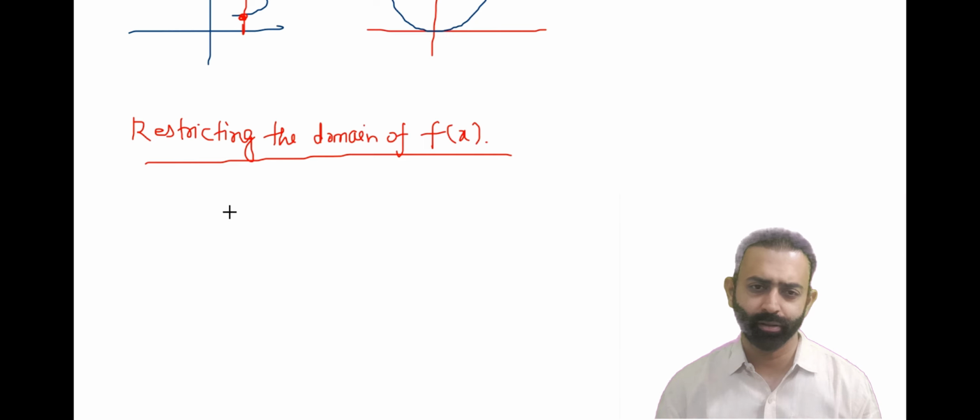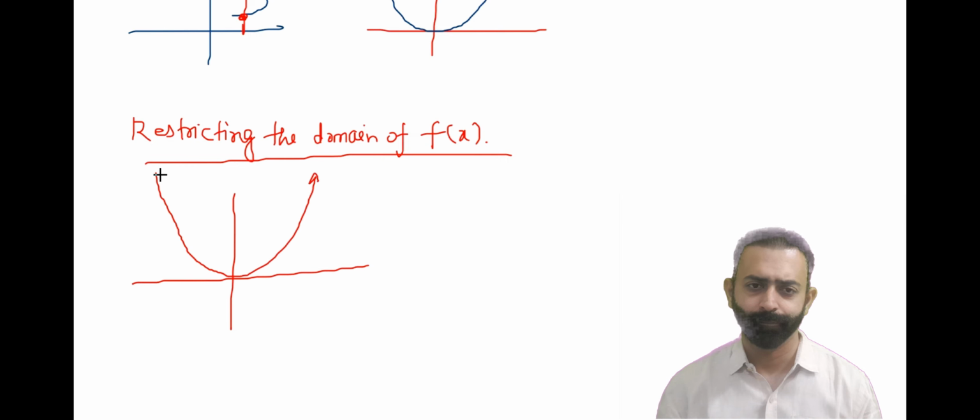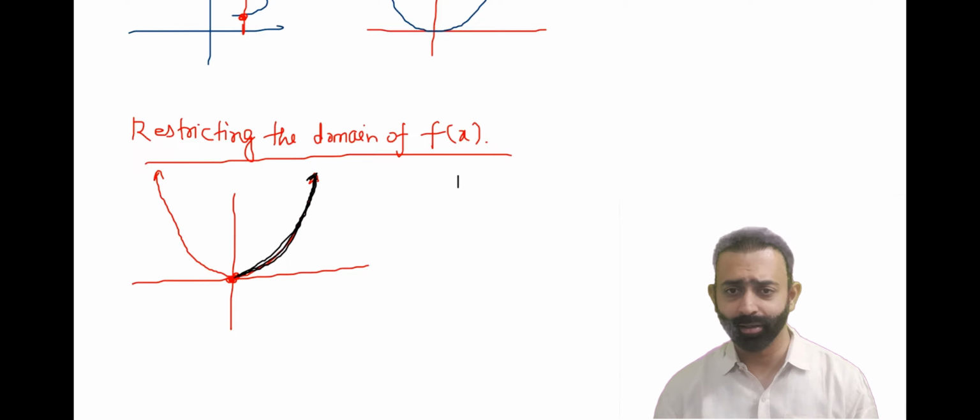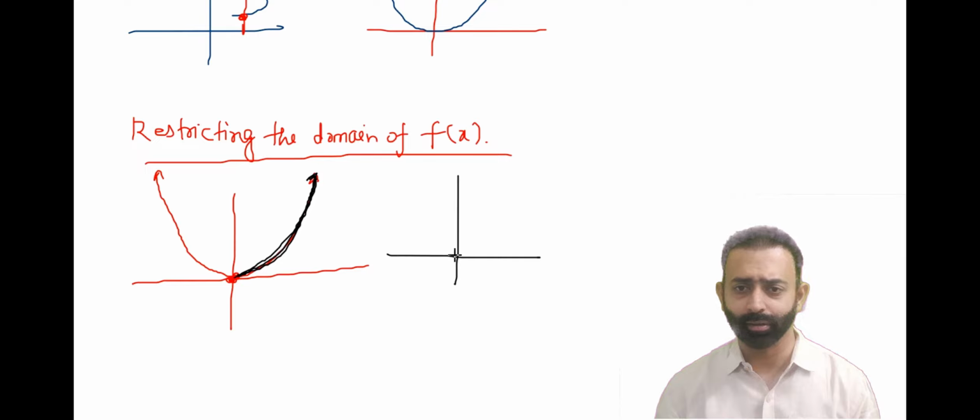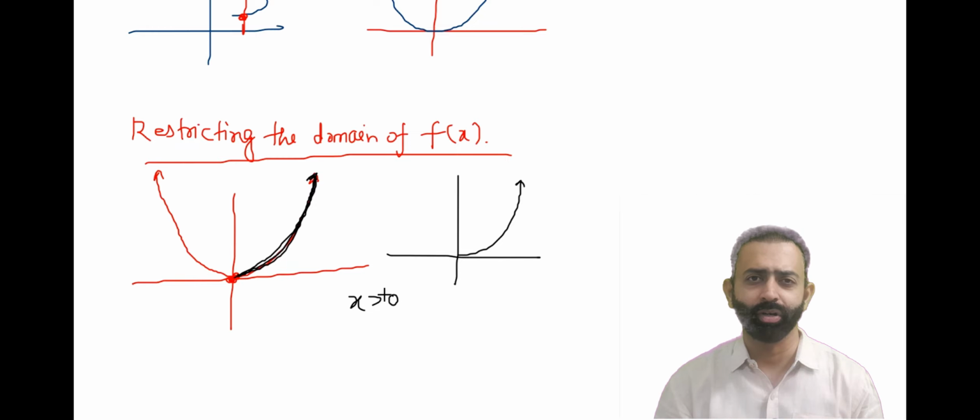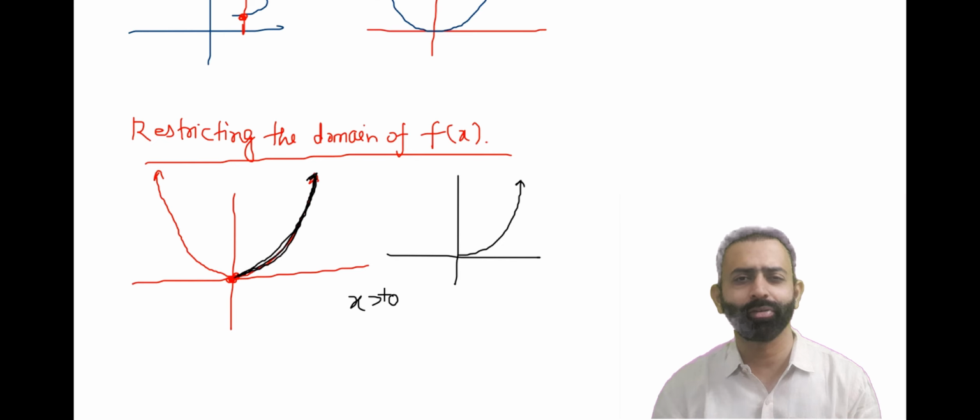As you can see from y is equal to x squared, if we take only the right hand portion of the graph, this black portion, starting from the origin, and plot it on another graph, for x greater than 0, if we restrict the domain of the function so that only positive values of x are allowed, then the function is 1 to 1 because it passes the horizontal line test.